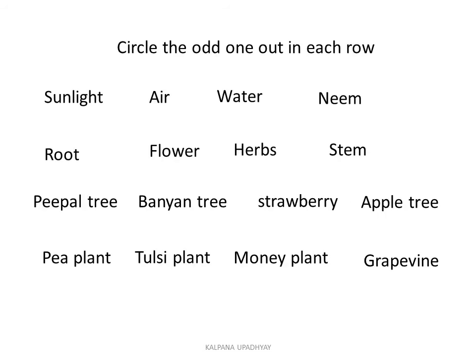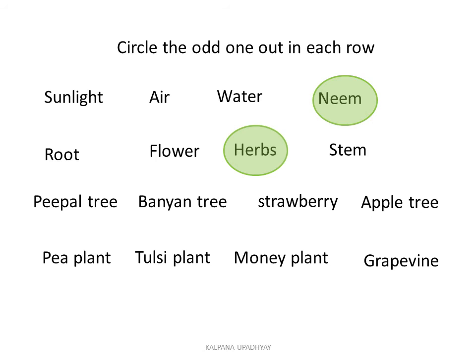Now you circle the odd one out in each row. Sunlight, air, water, neem. Yes, neem is different because sunlight, air and water are the things needed to grow a plant. Root, flower, herb, stem.